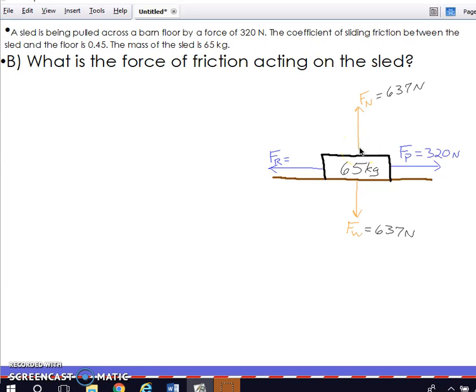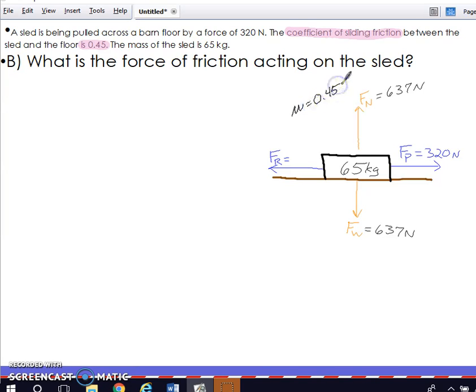But I am told that the coefficient of sliding friction between the sled and the floor is 0.45. So what I can do, I'll just make a notation somewhere on my free body diagram that mu is equal to 0.45.